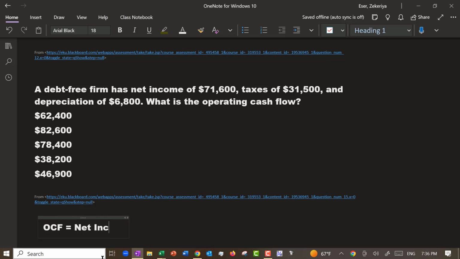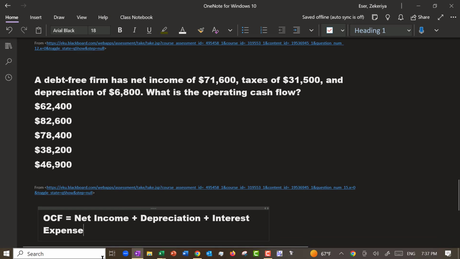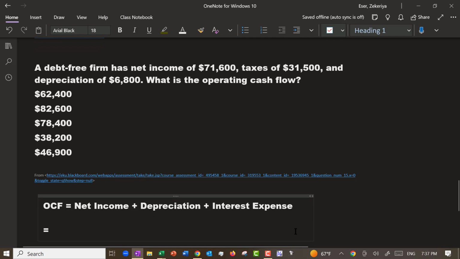But since they're debt-free, that would be 71,600 plus 6,800. Why is it not there? Oh, thank you. $78.40.